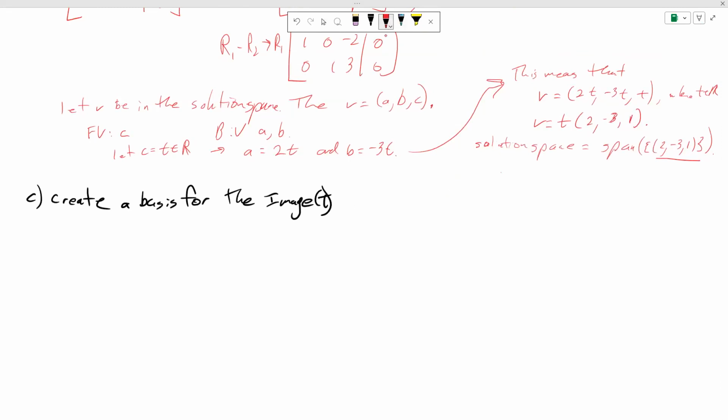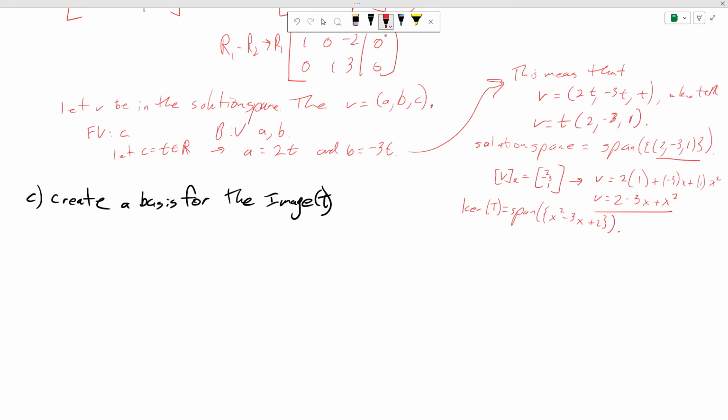Right now I have v alpha equals (2, -3, 1). What does this imply? This implies that v equals 2 times the vector 1 plus negative 3 times the vector x plus 1 times x squared. So v equals 2 minus 3x plus x squared. So my kernel of T equals the span of the vector x squared minus 3x plus 2.